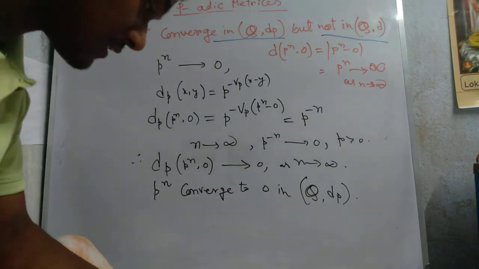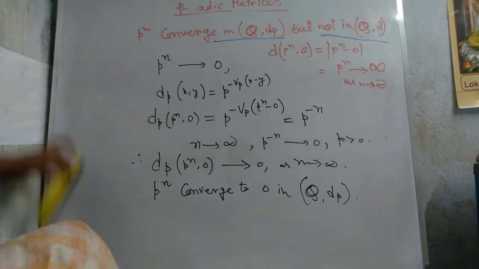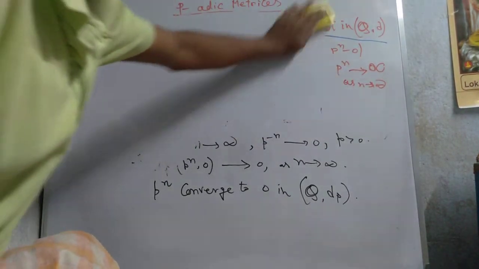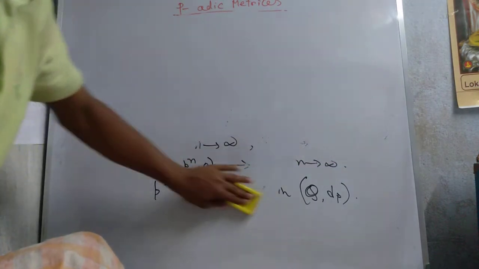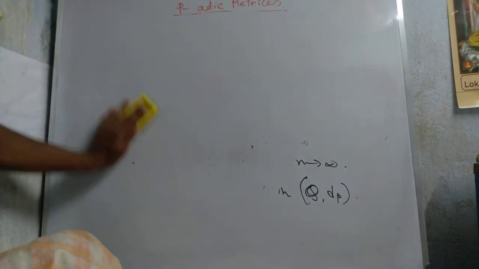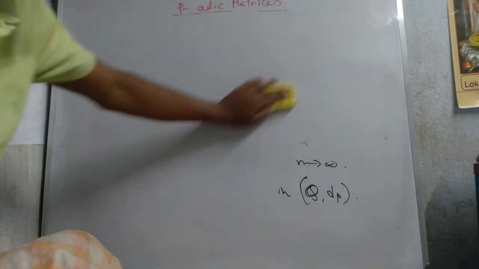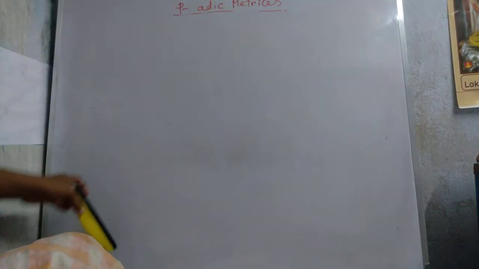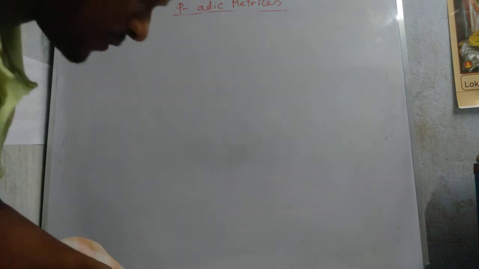Now discuss next things. The p-adic metric is one important metric to us, which has further remarkable properties. This p to the power n also converges in (Q, d_p).